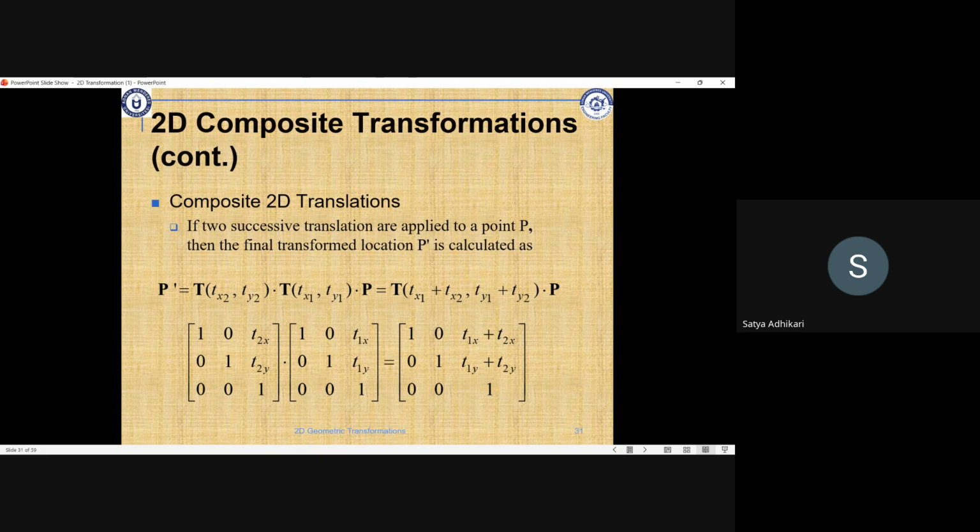So now the final is 1 0 t1x plus t2x, and t1y plus t2y. Suppose the translation for tx first was 2, then 3. Now it becomes 2 plus 3, 5. Similarly, for y first suppose 3, then 4, so that is 7. So now apply the resultant translation matrix.